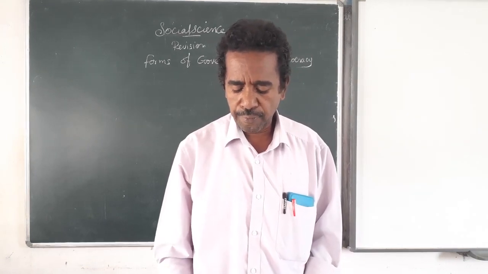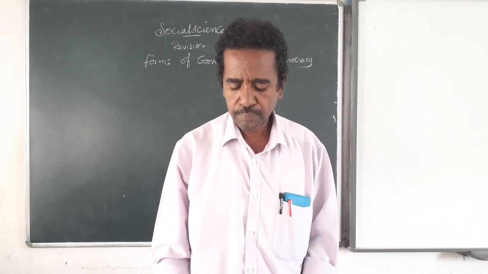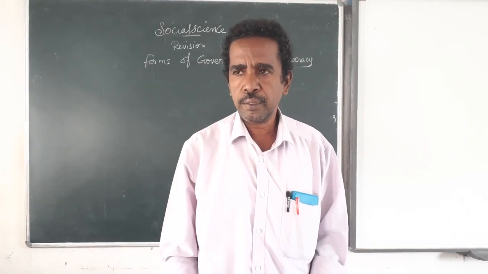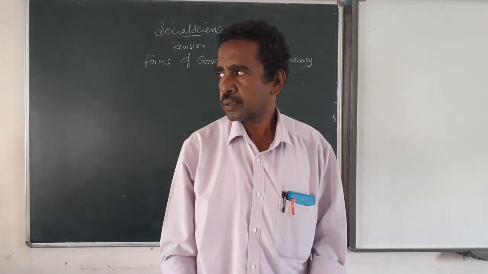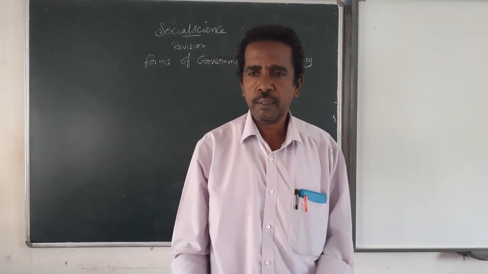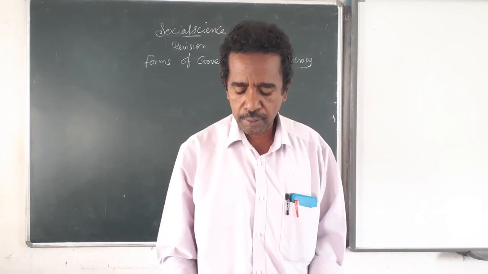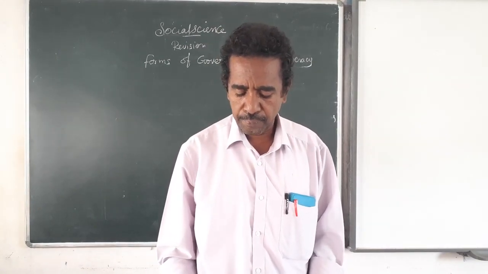In democracy, the final authority rests with the people. Because all the power is vested in the people. That is B option.